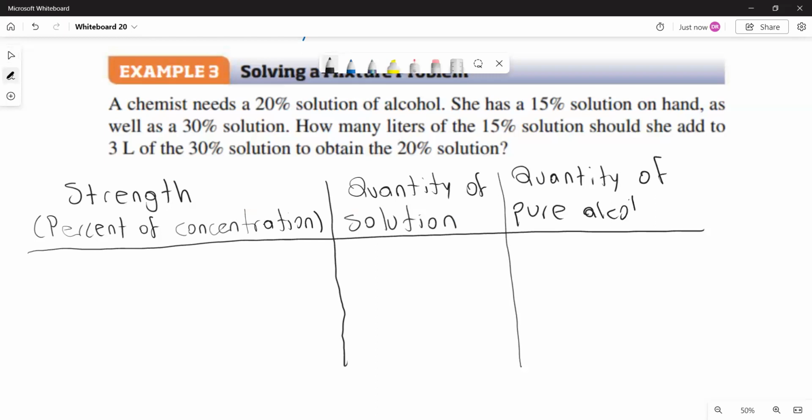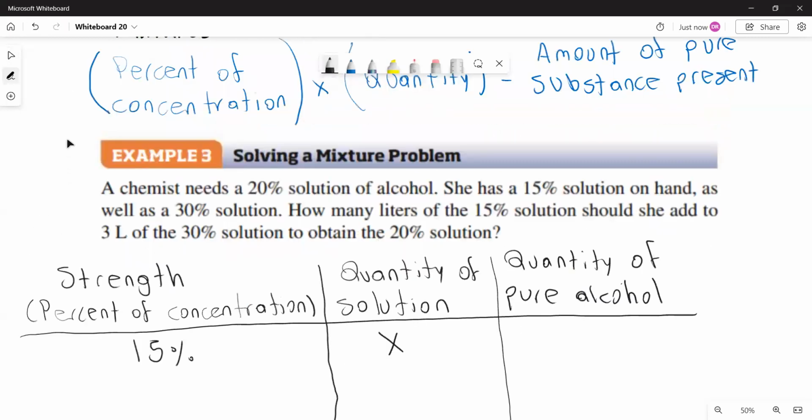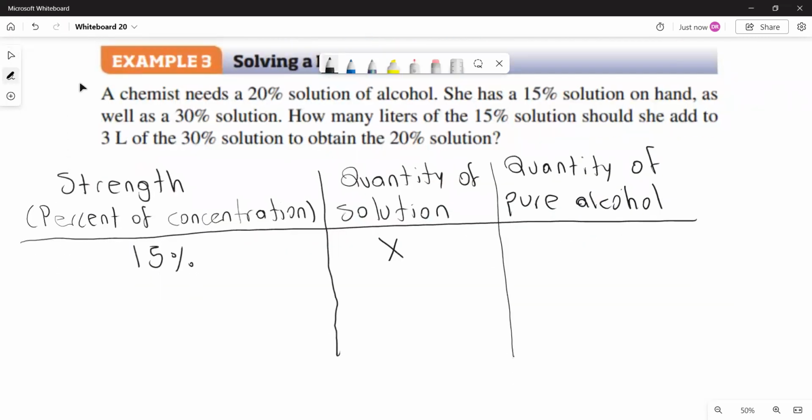And remember, we're working with percents. When we do the math, we need to convert the percent to decimal. So for the 15% solution, we actually want to know how much we need to add. So it's going to be X liters of the 15% solution.